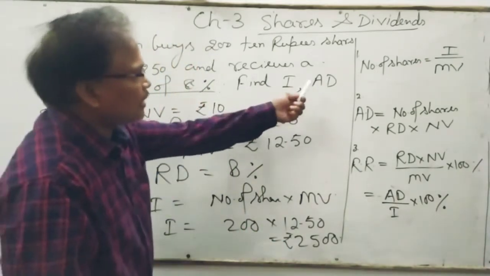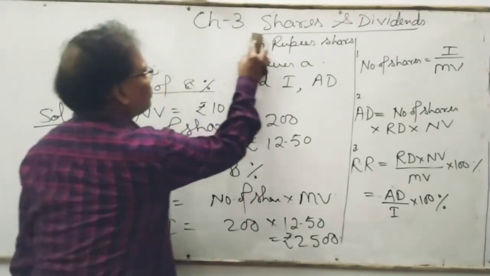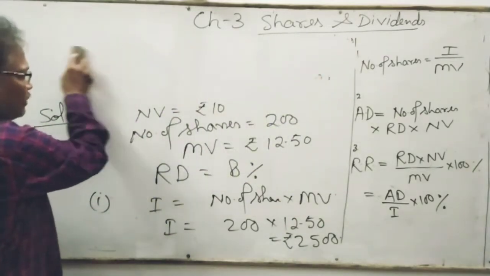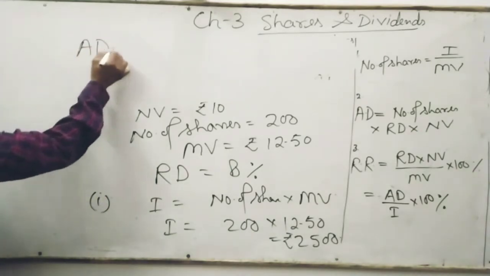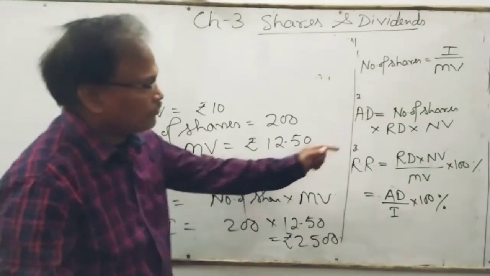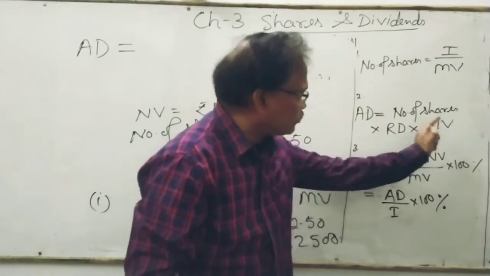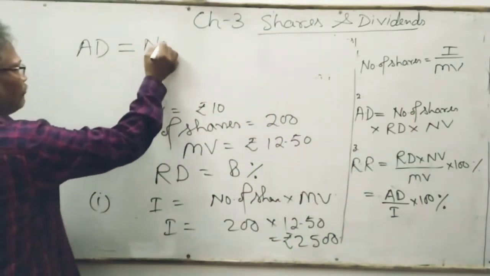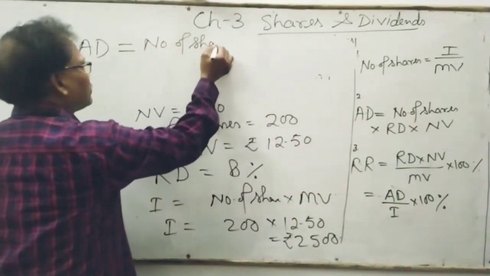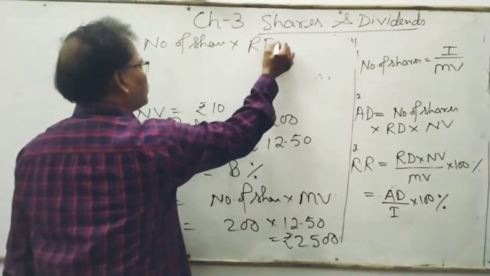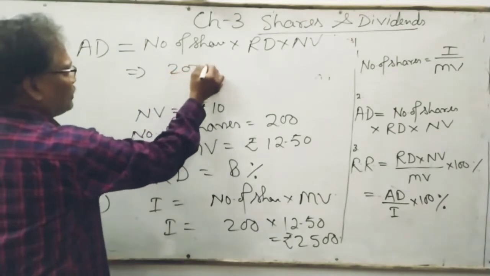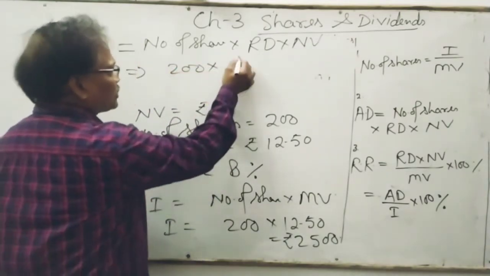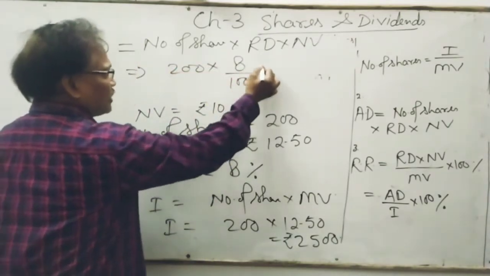Now the second part, the annual dividend you have to find. So annual dividend निकालने के लिए what you have to do? For the annual dividend, annual dividend is equal to, you know the formula, number of shares into RD into NV, and everything you have. Put the values. This is 200. RD means 8%, 8% means 8 upon 100.